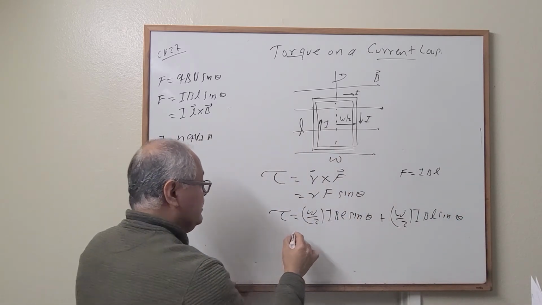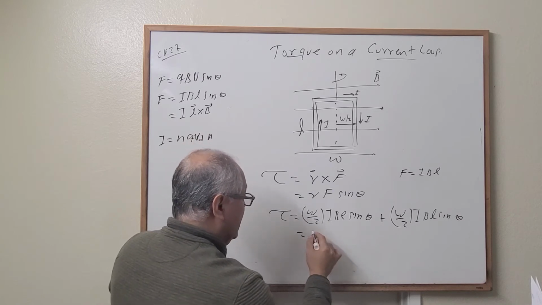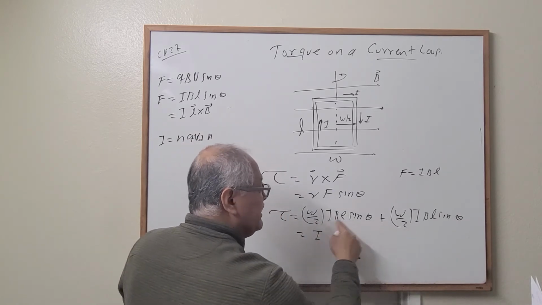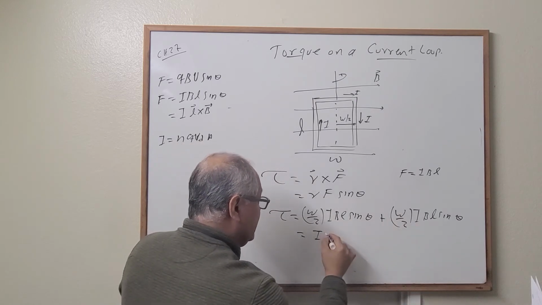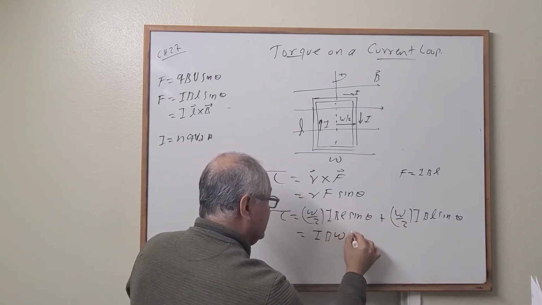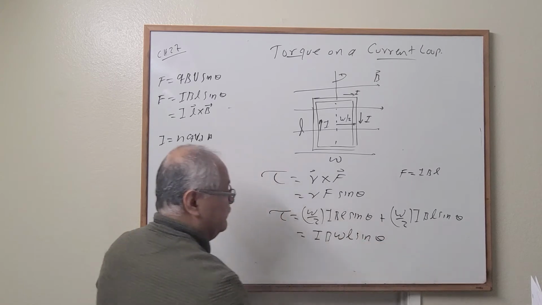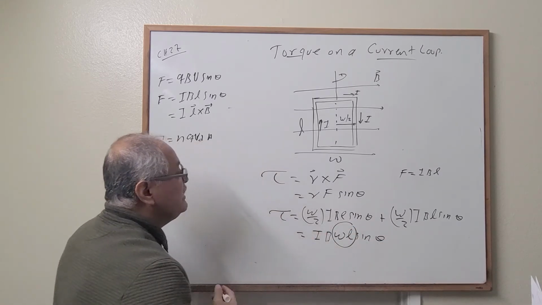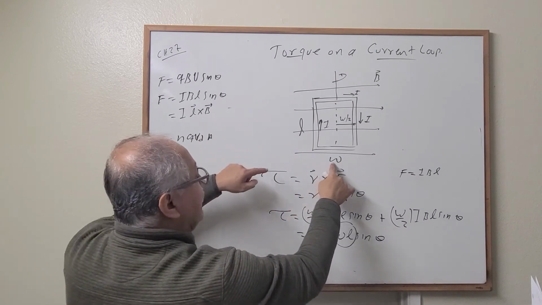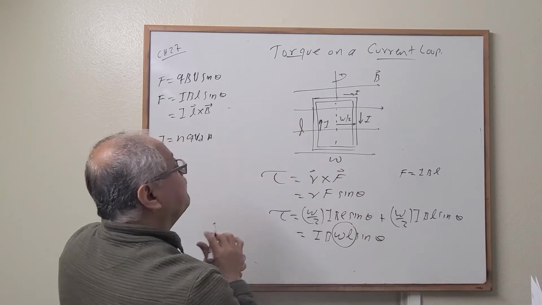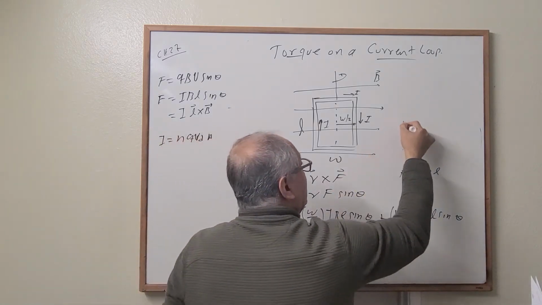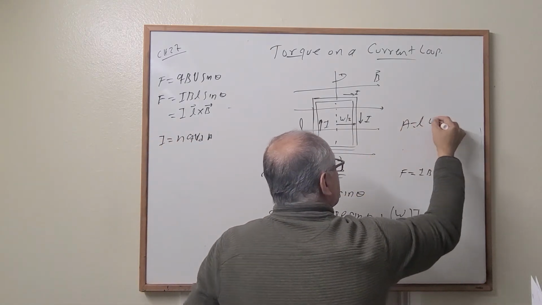What this equals is the current times V times omega times L times sine theta. But what is this quantity? It is the product omega times L, and that gives us the area: area equals L times omega.